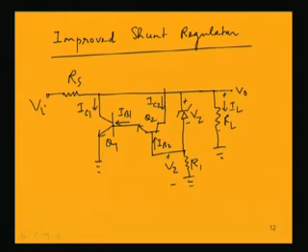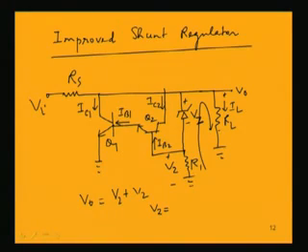V0 equal to Vz plus V2, because if we complete this loop, V2 plus Vz equal to V0. So this is the Kirchhoff's voltage law applied in this loop. Now that means V2 can be written as V0 minus Vz.